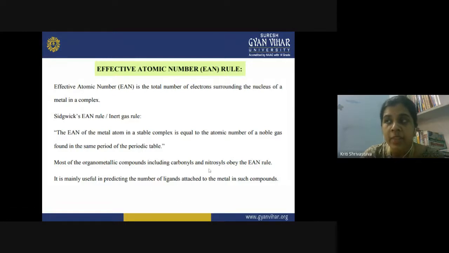So you can also calculate the hapticity of the ligand in the metal complex. It can have multiple applications. In today's lecture, we will focus on the application of the effective atomic number rule to metal carbonyls. So our special consideration will be the metal carbonyl complexes.